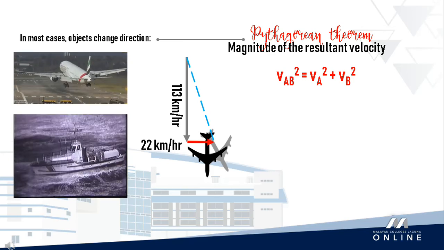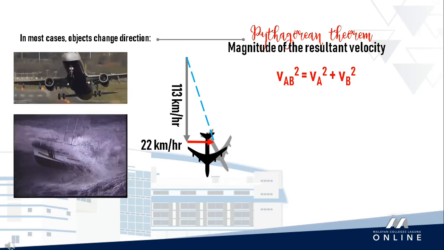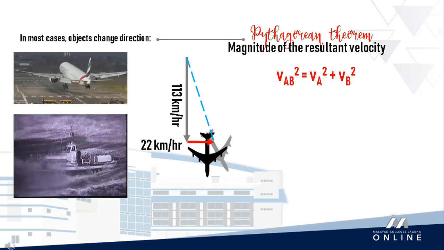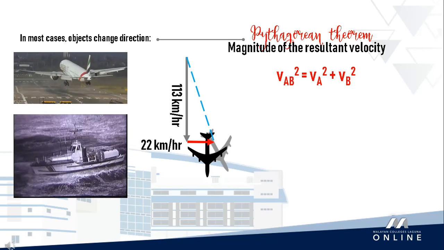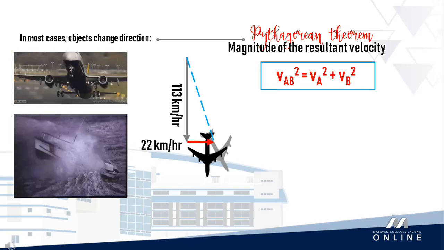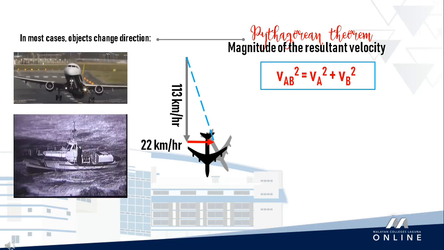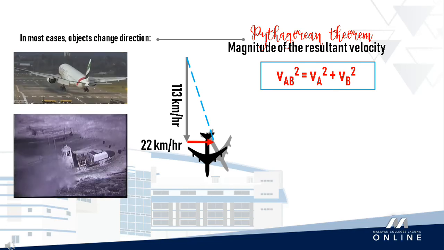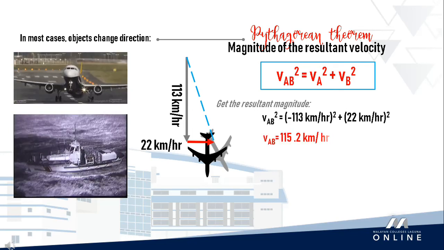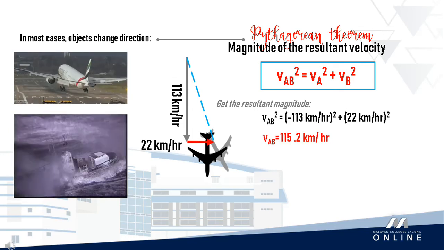Since these two vectors are at right angles to each other, we will then use the Pythagorean theorem. Our equation: V sub AB squared is equal to V sub A squared plus V sub B squared. Let us substitute the values, and finally, our relative velocity is 115.2 kilometers per hour.